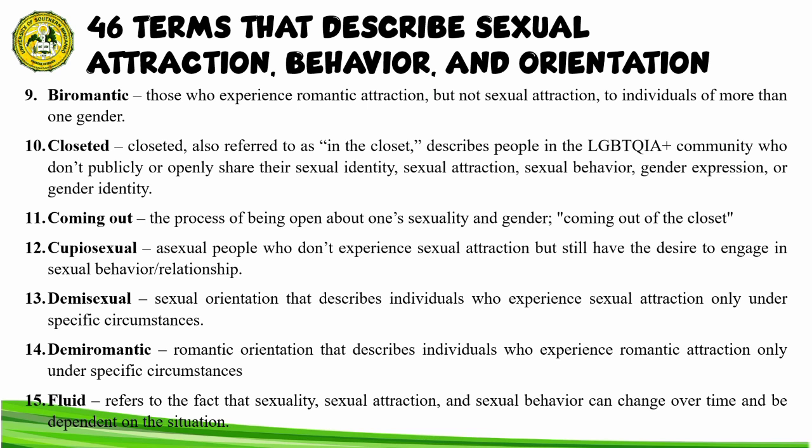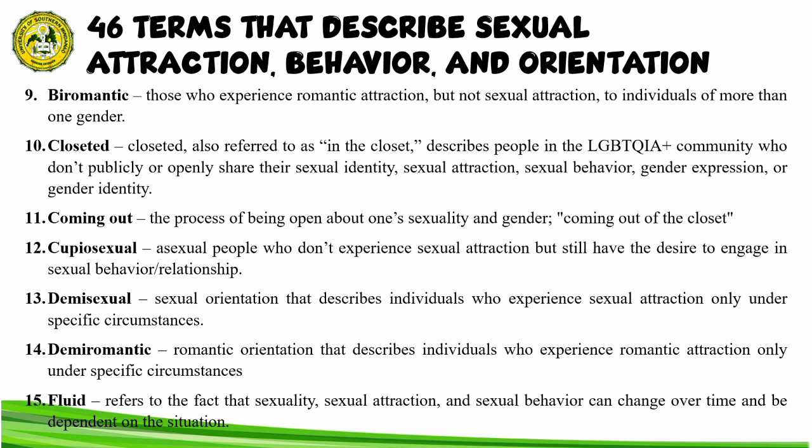Demisexual people may experience other forms of attraction such as romantic attraction or aesthetic attraction before they experience sexual attraction. They may also experience sexual arousal, but they do not need to be sexually attracted to someone in order to be aroused.